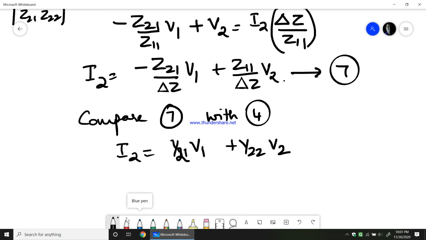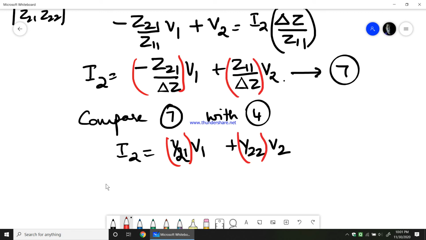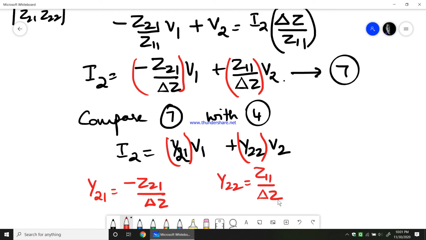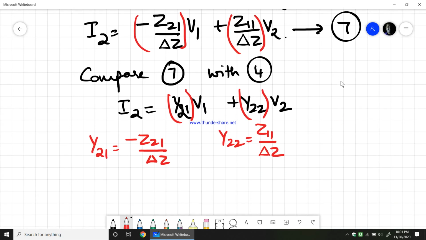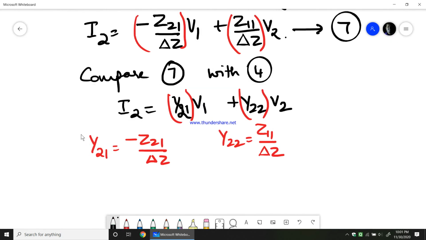So if you compare Y21 and Y22 with this, since I2 is equal, I can easily say Y21 equals minus Z21 by delta Z, and Y22 equals Z11 by delta Z. So I got all four Y parameters in terms of Z parameters.